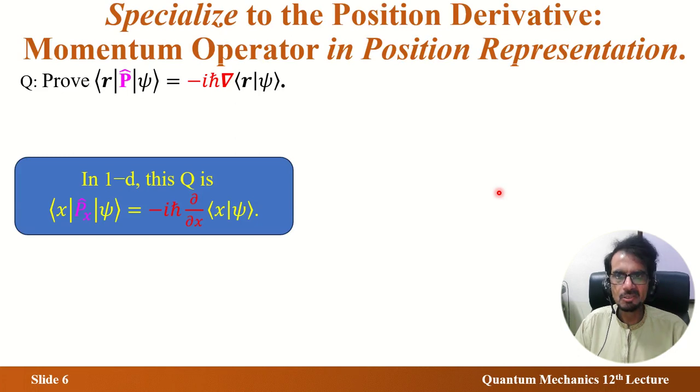The details are the following: when you specialize to position, okay, maybe I start here. That's more familiar to you. In 1 dimension, for a plane wave, I introduced that momentum becomes, that means momentum is represented by minus i hbar d by dx.